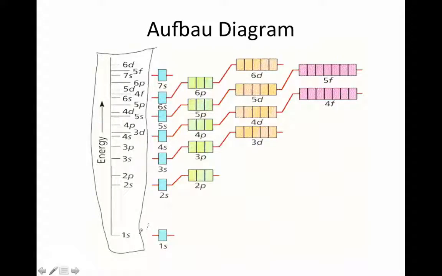Now, these names do correspond to orbitals, and this number right here corresponds to the main energy level. So this is saying at the first energy level, we have an s orbital or a spherical orbital, and that spherical orbital contains 2 electrons.